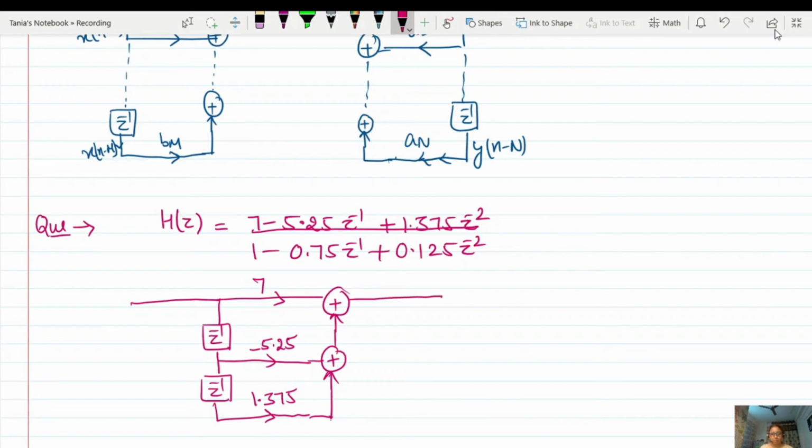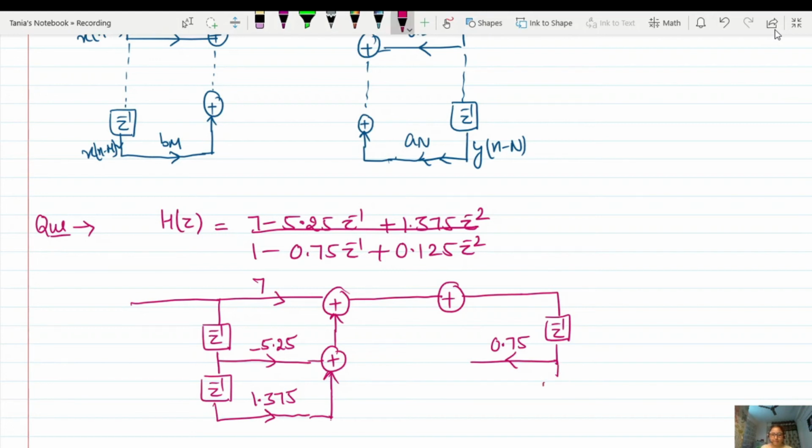Now we move towards the poles realization. For the poles realization, we have z inverse with 0.75. Here in the poles, we put the coefficients with the negative sign. Here minus of 0.75, we put over here 0.75.